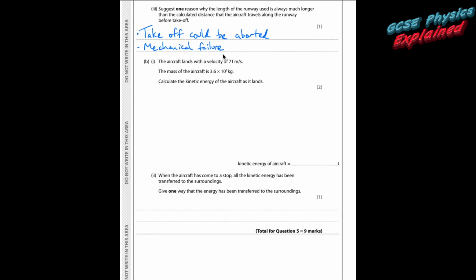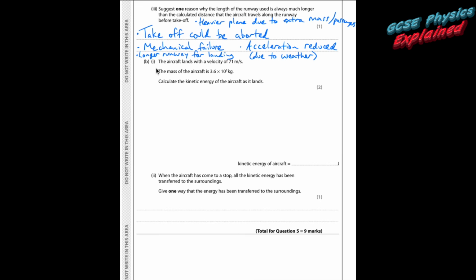There could be weather-related reasons that might cause your acceleration to be reduced, like if the runway was wet, that would slow your acceleration down. You might have a heavier plane due to extra passengers or extra luggage. Or you might need a longer runway for the landing. Any of those will get you 1 mark.